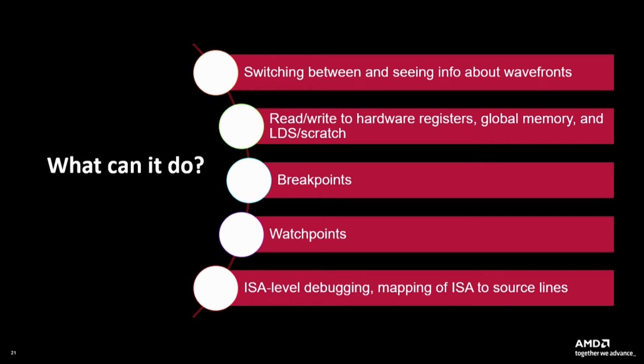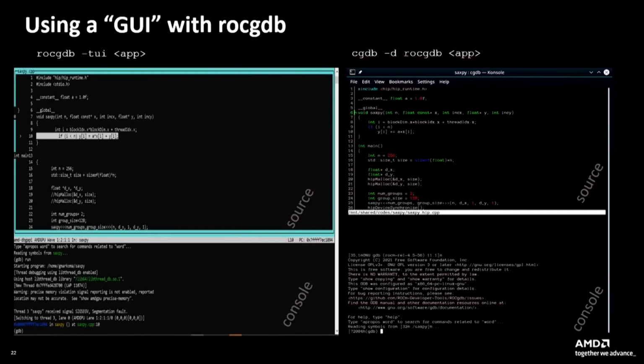And essentially, when we use rocgdb, a lot of our folks like to use it with some sort of graphical user interface. I'm just showcasing two. I'm sure there are many others that people use, whether it's the TUI interface, or the curses-based cgdb interface.